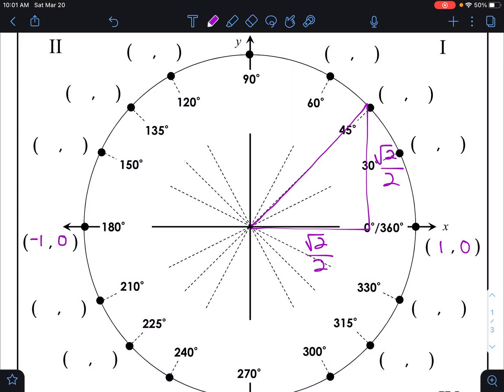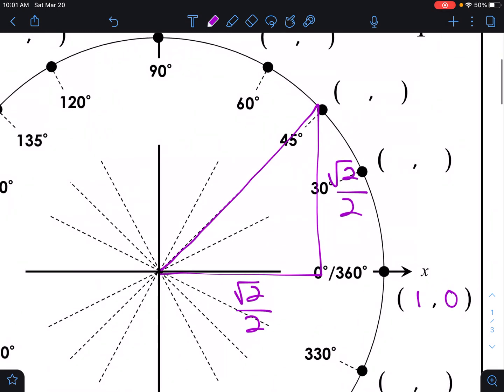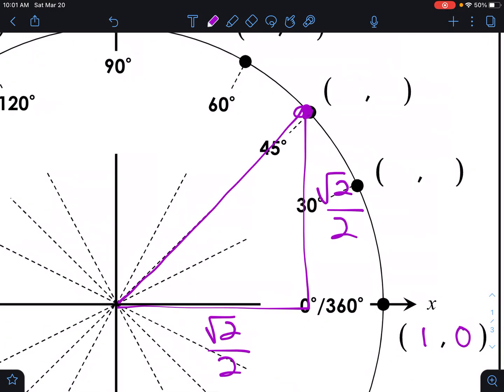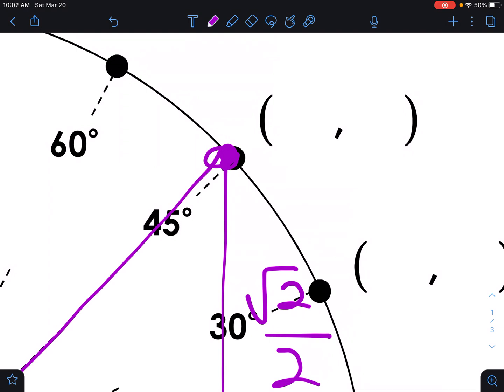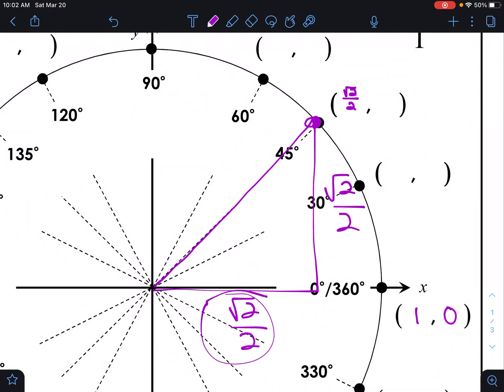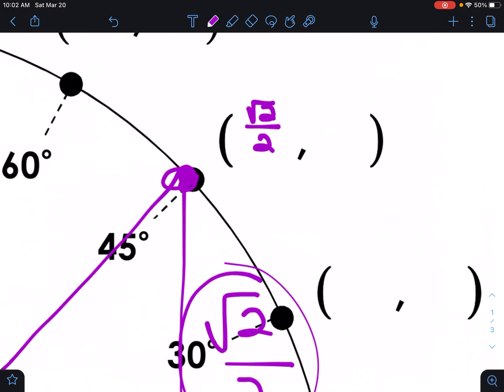Okay, so what are the coordinates of this point right here? Well, it would be x is square root of 2 over 2. Right? That's this number right here. And y is this number right here, which is also square root of 2 over 2. So I'm going to write that in there too.